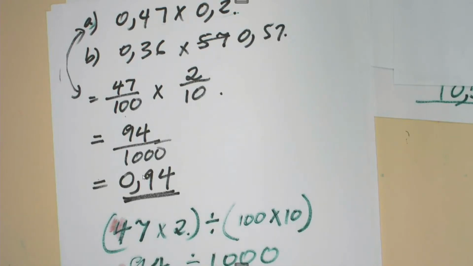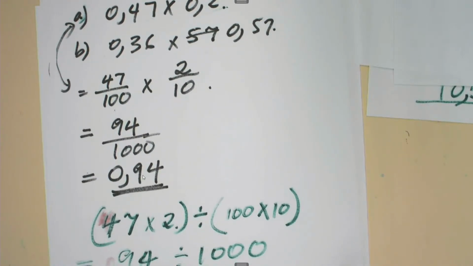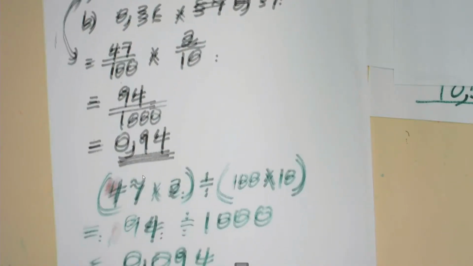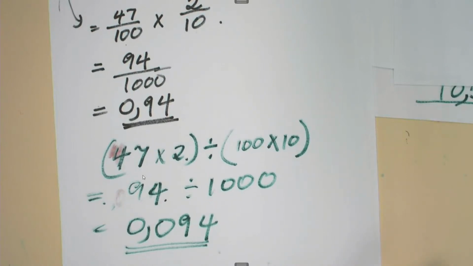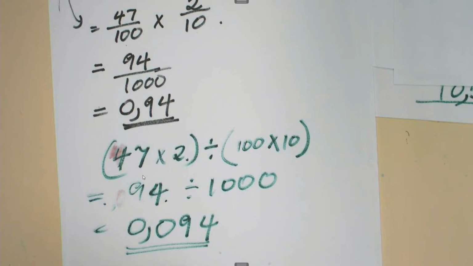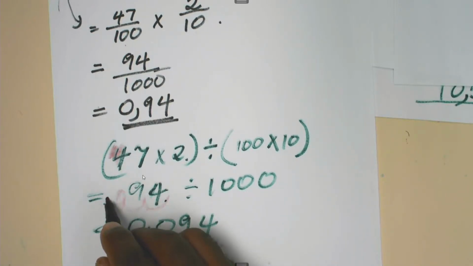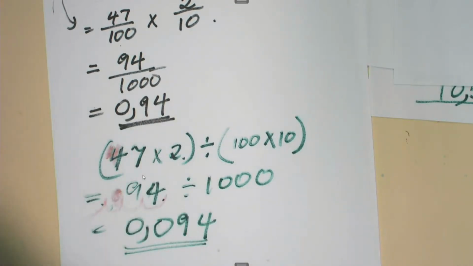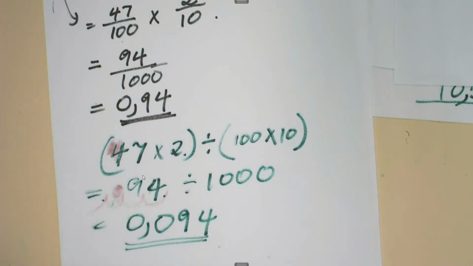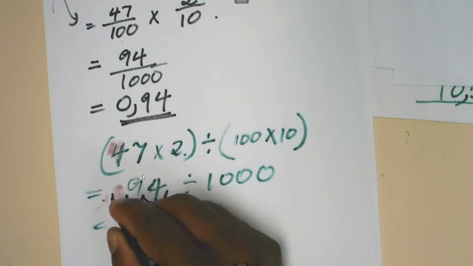0,094. And this is done so beautifully when you have this place value chart, where we say it goes 1, 2, 3, and then the comma is here, so it's going to be 0 here. 1, 2, 3, and then this.